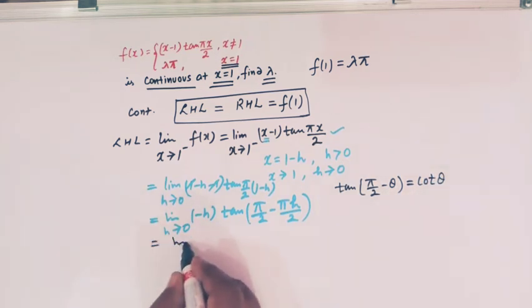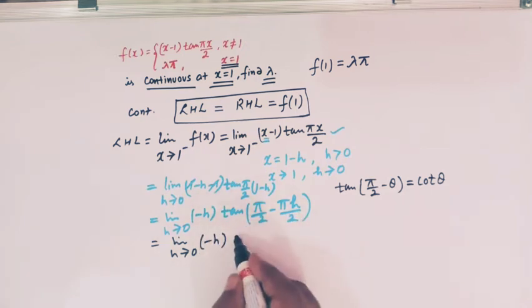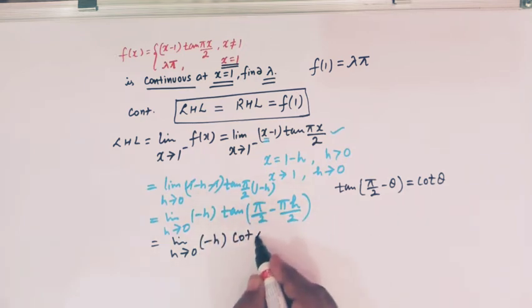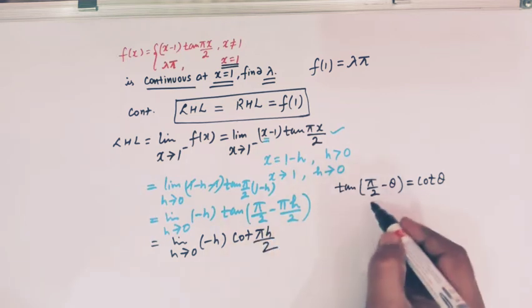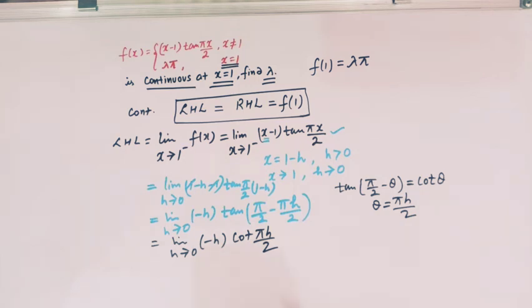So this expression is the limit as h tends to 0 of -h cot(πh/2), where θ is πh/2.